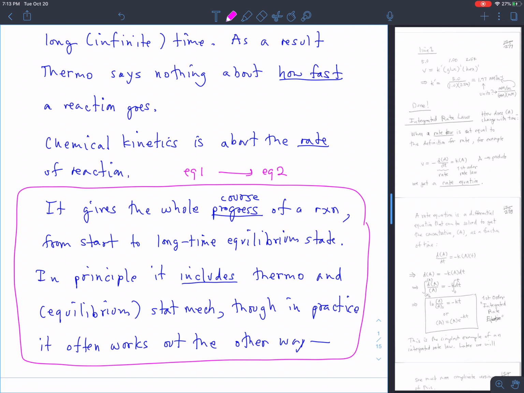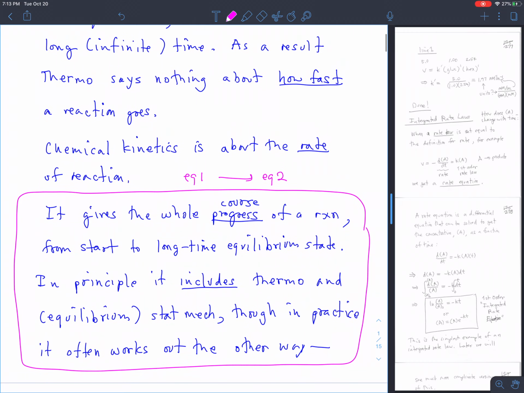In fact, we'll set up equations, we'll solve those equations, which give the concentrations of reactants and products, everything involved in the reaction, as a function of time at every moment in time along the whole process.